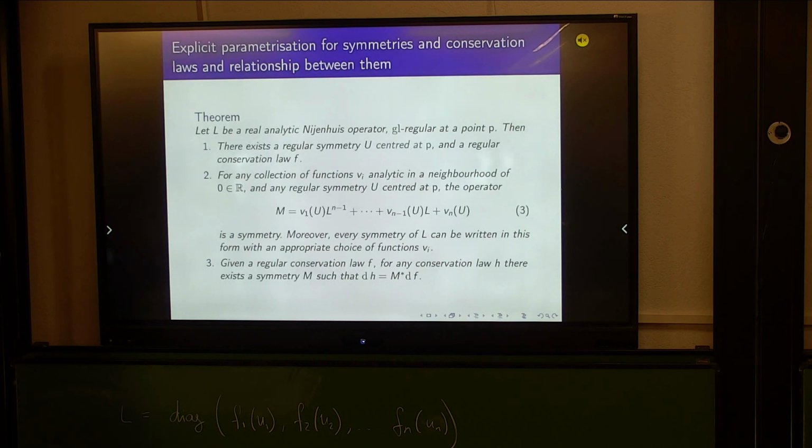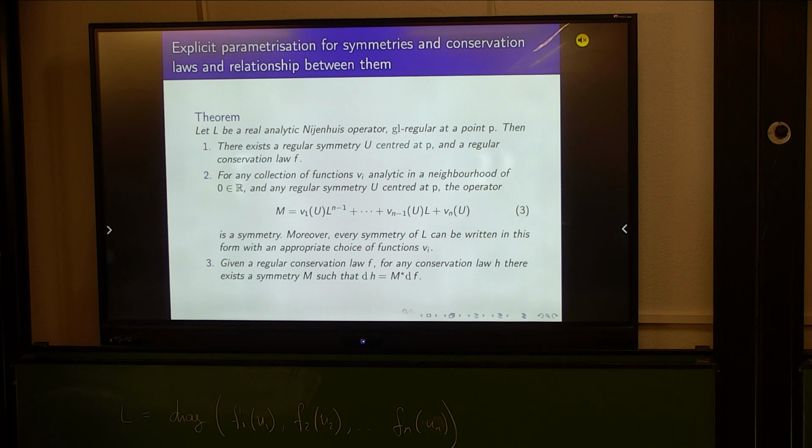Now, some explicit parameterization. It appears that both all conservation laws and all symmetries can be described explicitly if I know just one regular symmetry. So the statement is as follows.